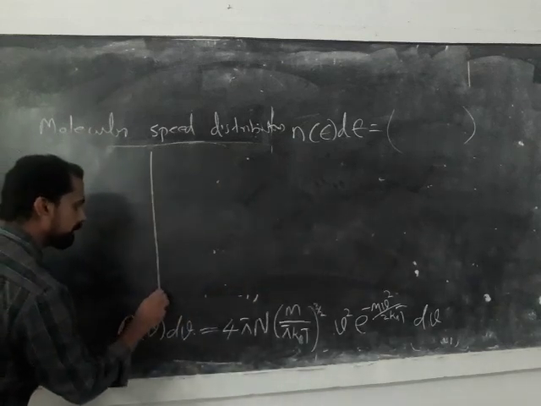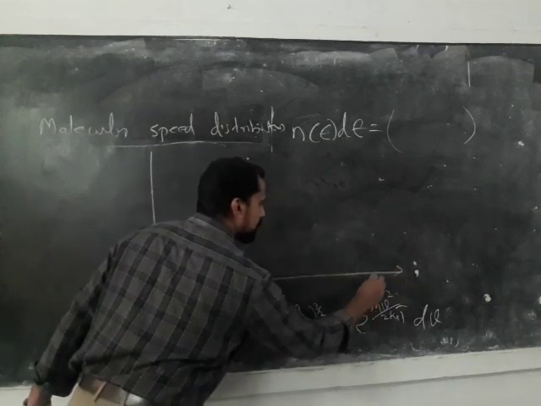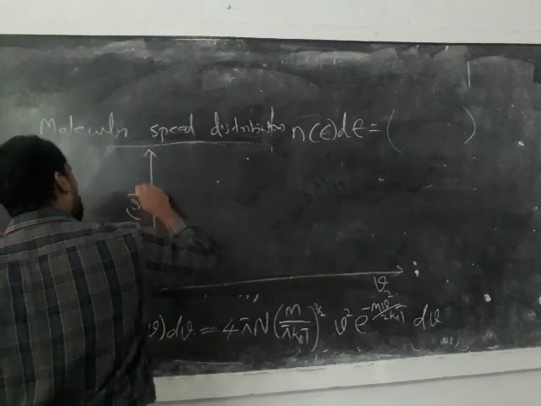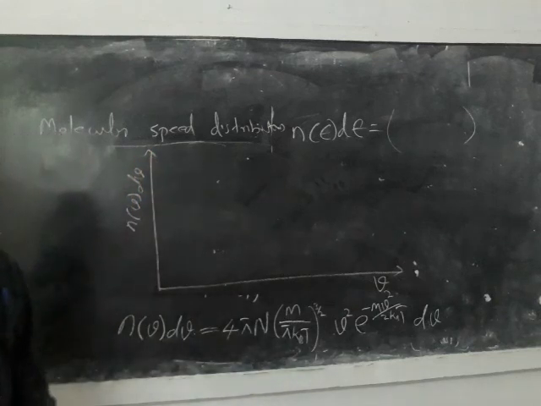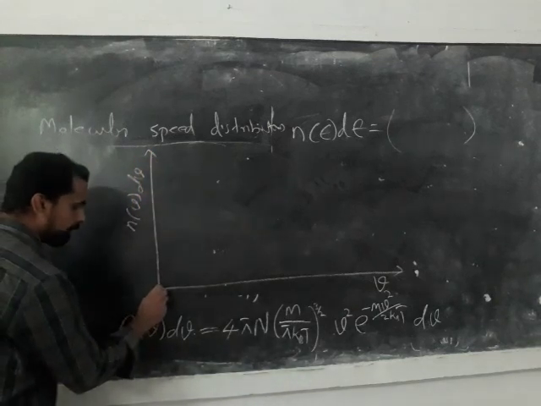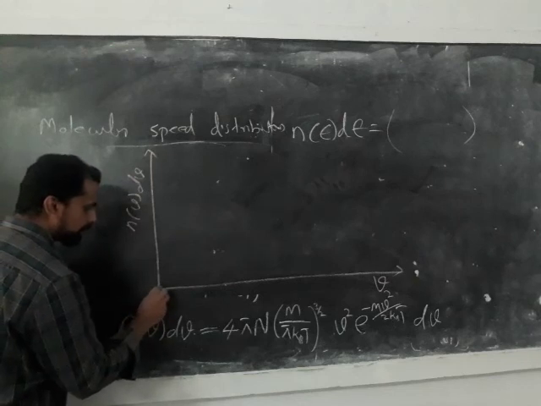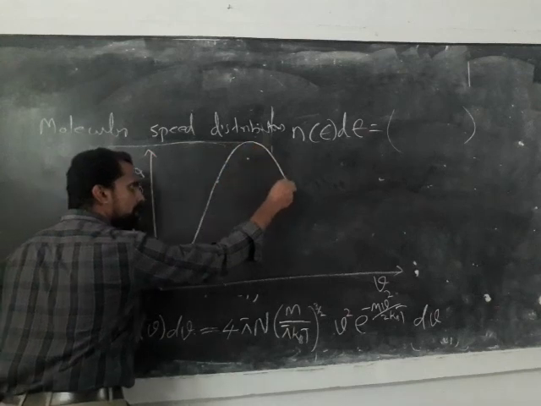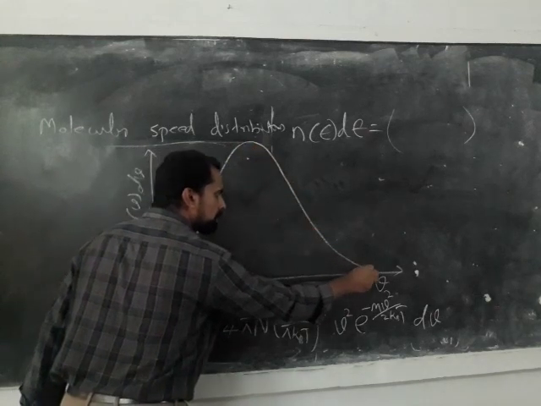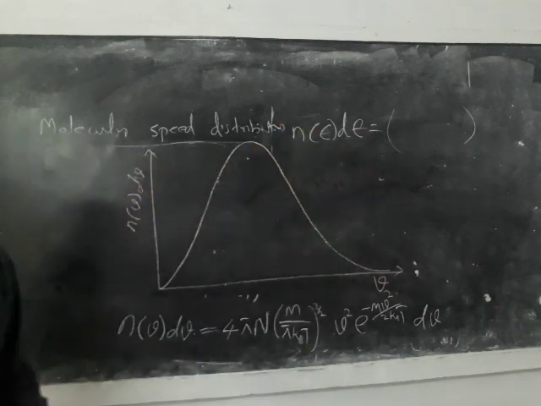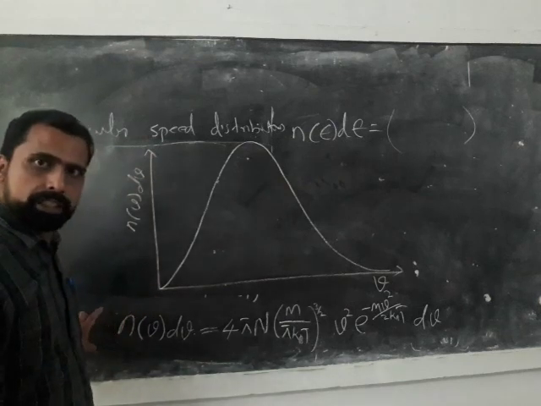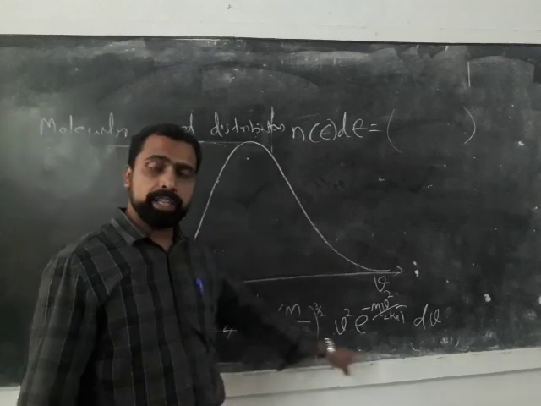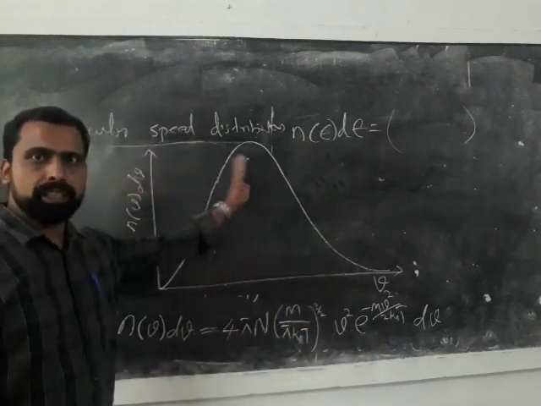This is your velocity and this is your n of v dv. So if you are taking n of v dv on the y axis and v on the x axis, then you will get something like this.